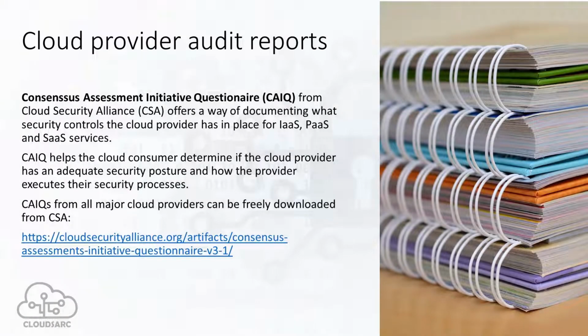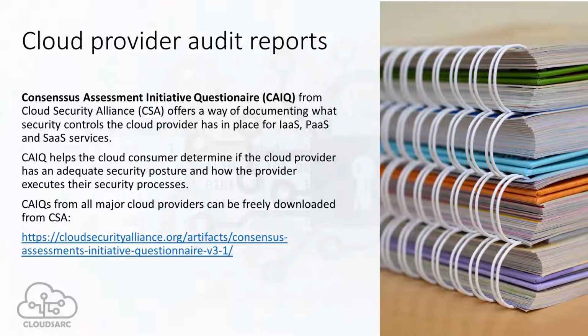So how do you know that the cloud provider fulfills its responsibility for securing the cloud? The short answer is audit reports. But apart from the audit reports each cloud service provider makes available for the customers, there are also independent organizations such as Cloud Security Alliance who can help you. The Consensus Assessments Initiative questionnaire, the so-called CAIQ, offers an industry-accepted way to document what security controls exist in IaaS, PaaS, and software as a service services.